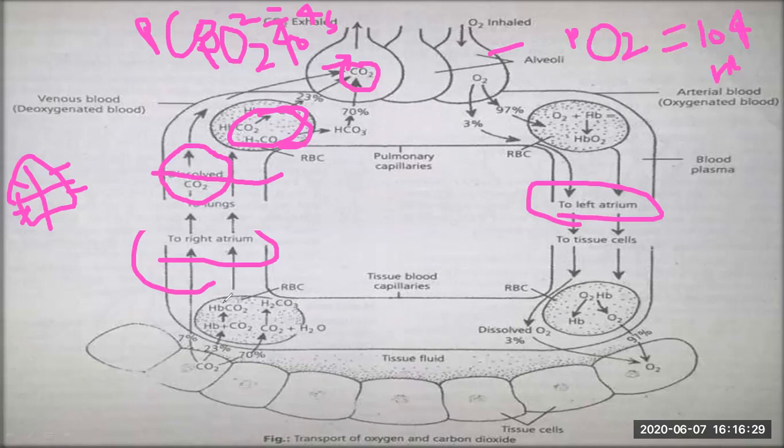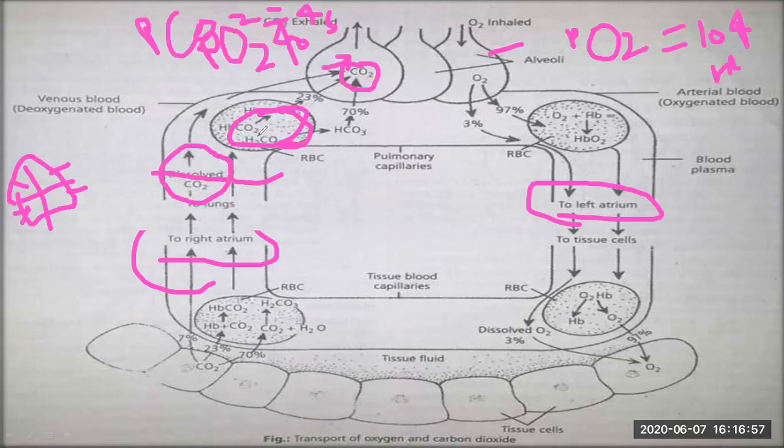So now listen, this is the right atrium. Now the impure, deoxygenated blood passes through. It has a high concentration of CO2 and a low concentration of oxygen molecules, meaning the partial pressure of oxygen is 40 mmHg and the partial pressure of CO2 is 45 mmHg.